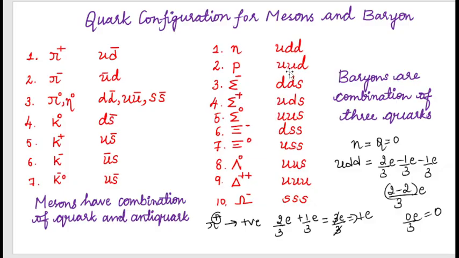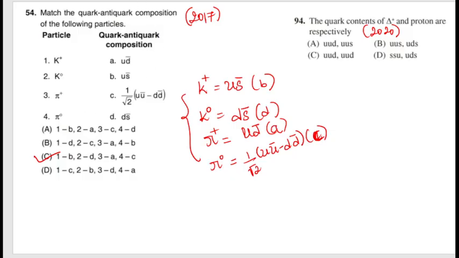Proton is a combination of UUD. Go back to the question. So if we know one, we can also find delta positive, UUD. In only one option you have UUD, so directly you can take it for delta positive and proton.